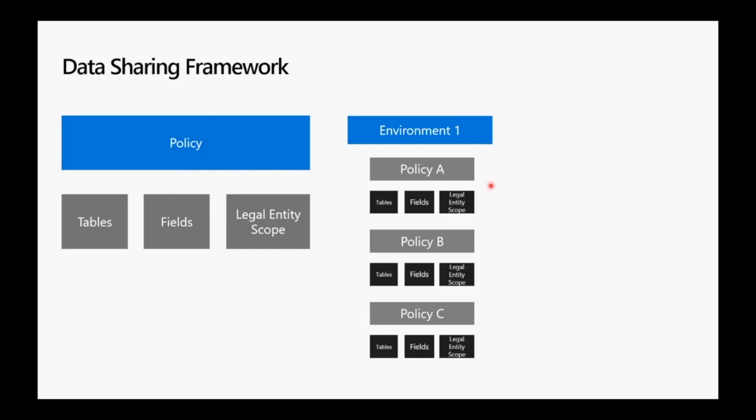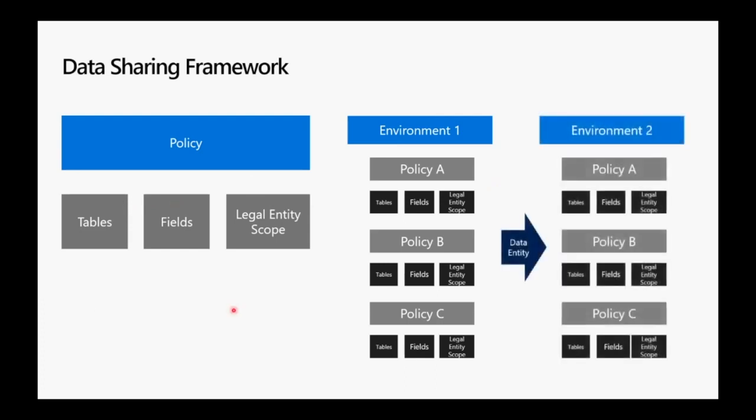If you want to make sure that you have the same changes in all environments, you would not do that manually, but you could just export via data entities which are available for those policies. You would export the policy and import it into the other environment. And of course, the first time, the policies will be imported via an import project into your first environment.